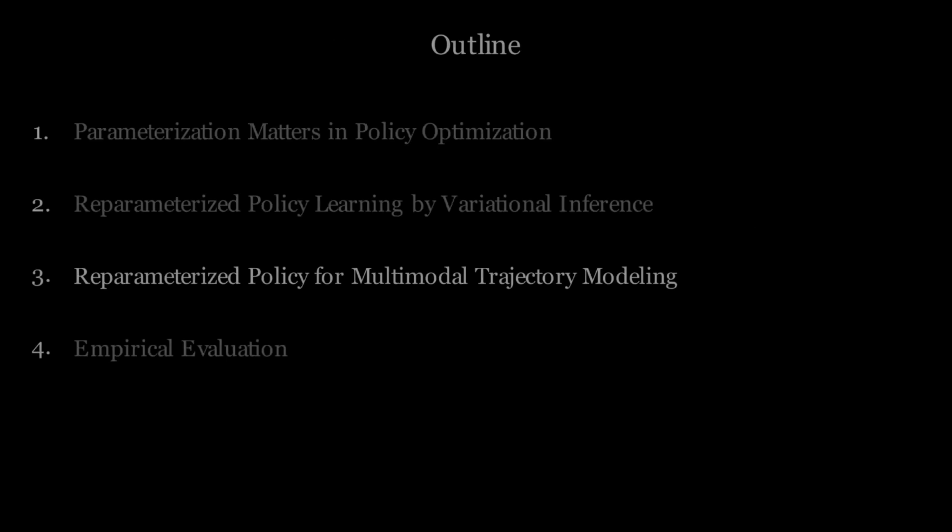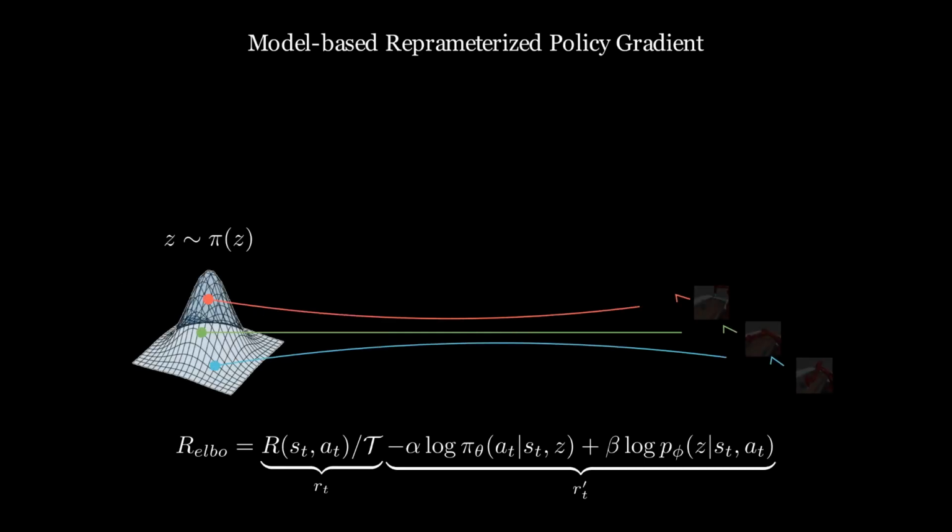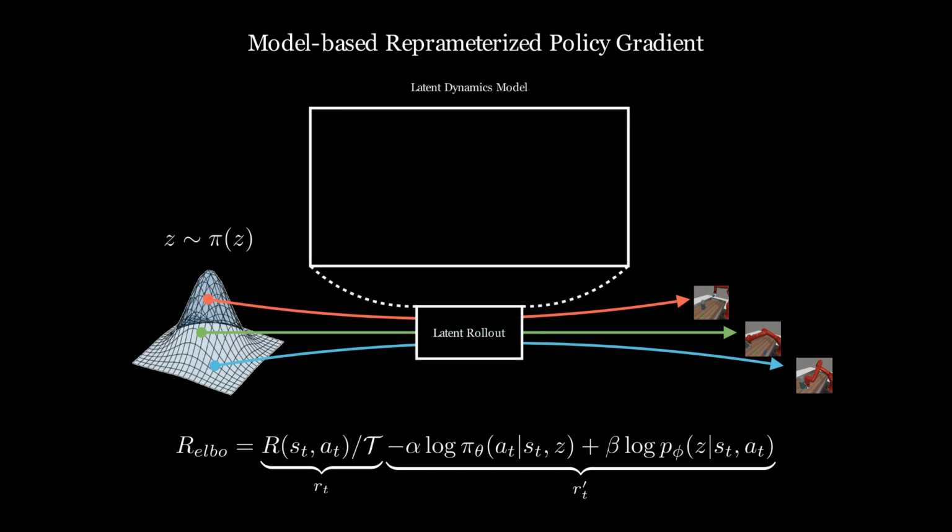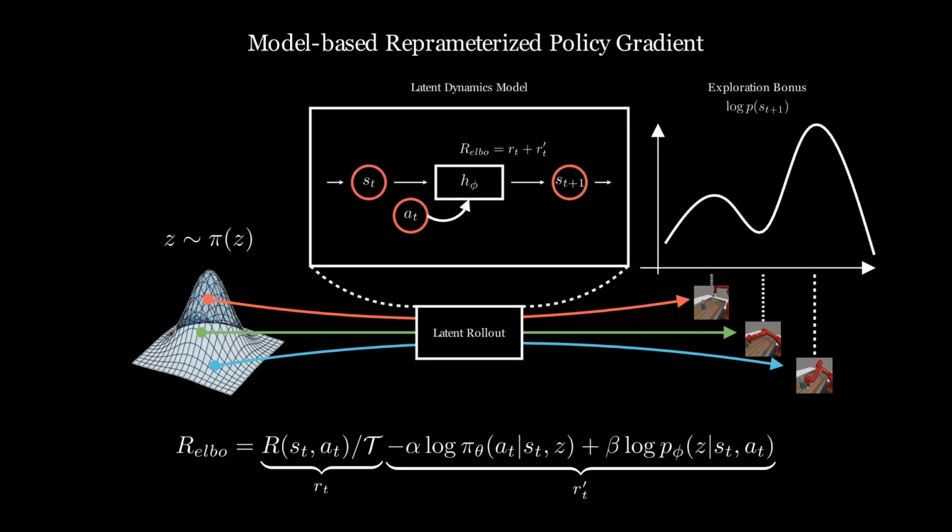We can then use model-based reinforcement learning to solve it efficiently. We can learn a latent world model to assist with policy optimization. A novel object-centric intrinsic reward is introduced to encourage the agents to further maximize the entropy of the state visitation distribution. Our method, model-based RPG, can model the multimodal trajectory distribution, enabling a more efficient optimization and exploration.